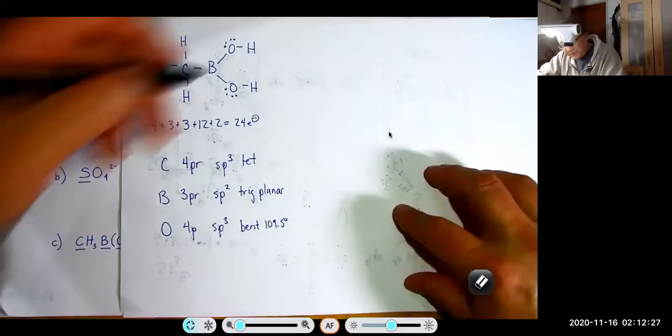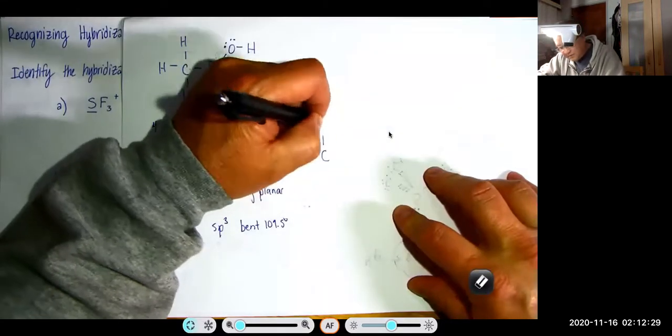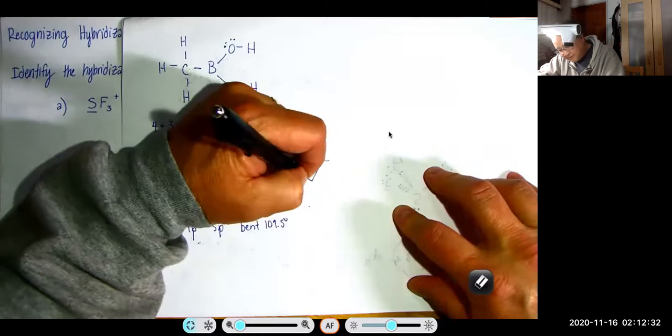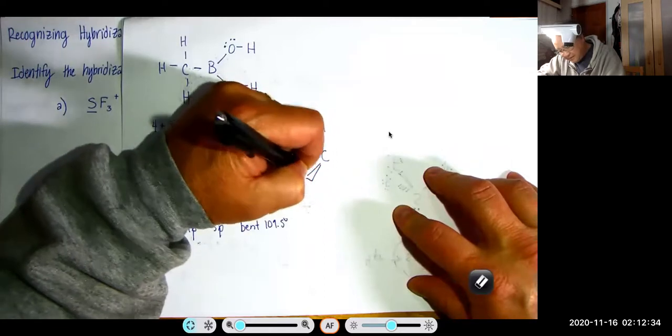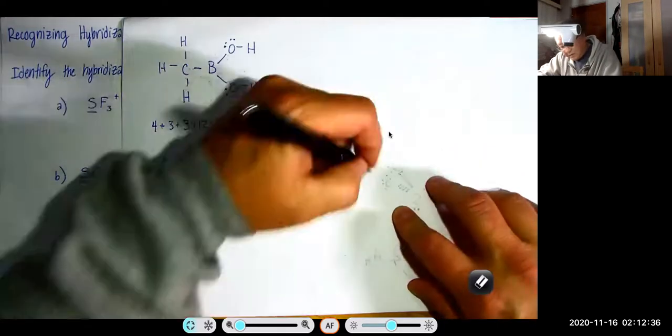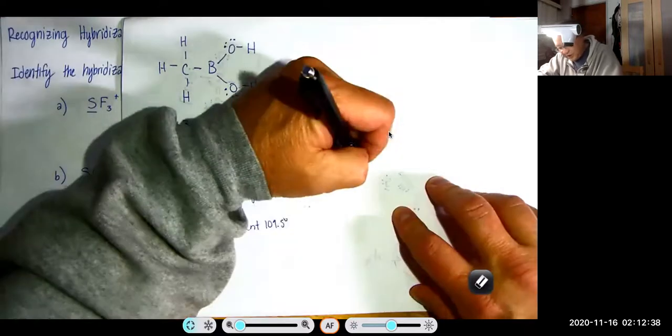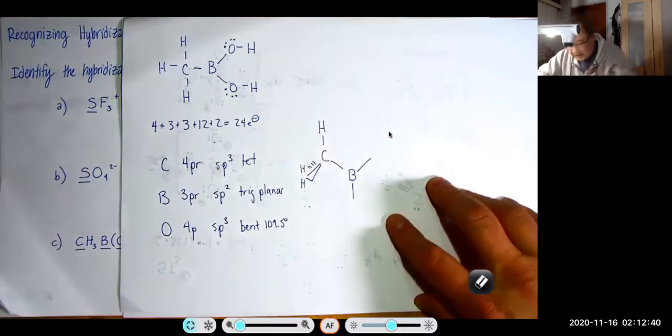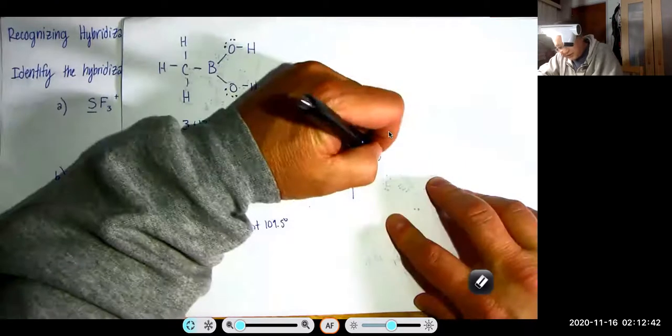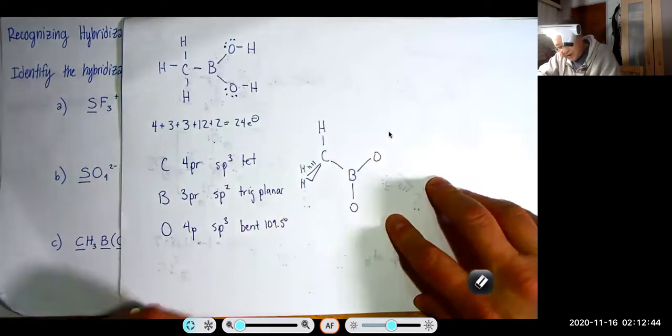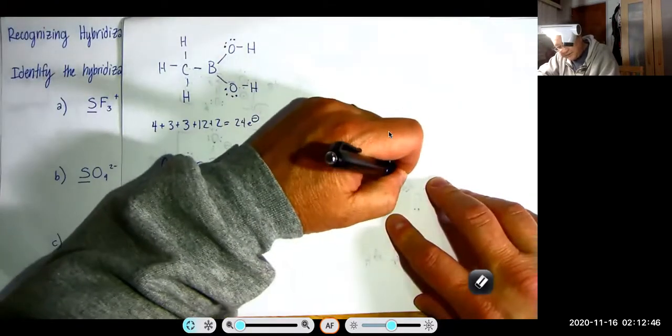So I'm going to start with my tetrahedral carbon, going off to my boron, which is trigonal planar, going off to my oxygens, and my oxygens are bent.